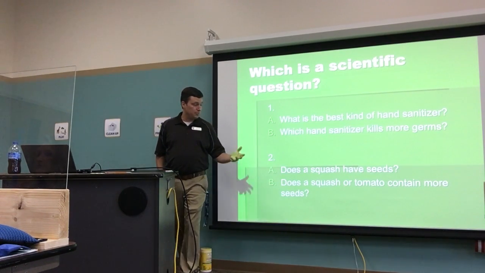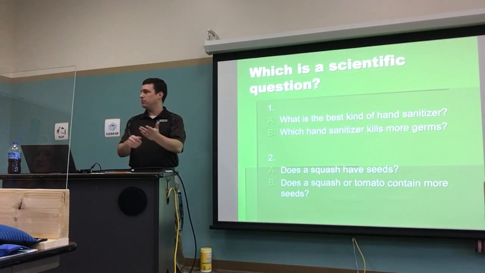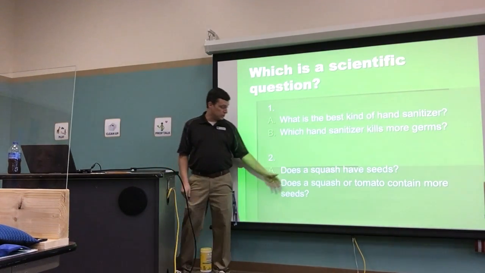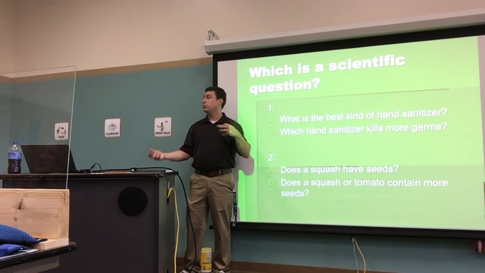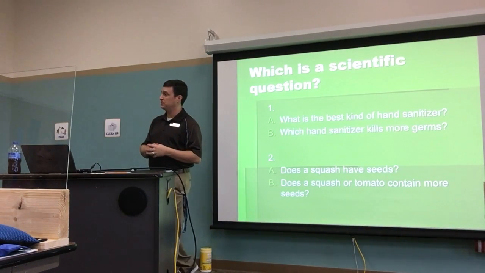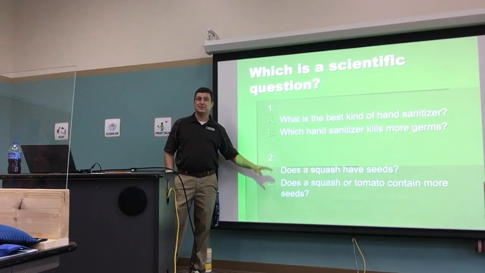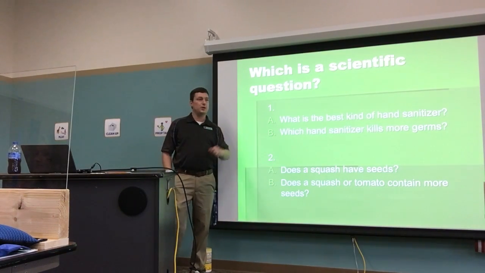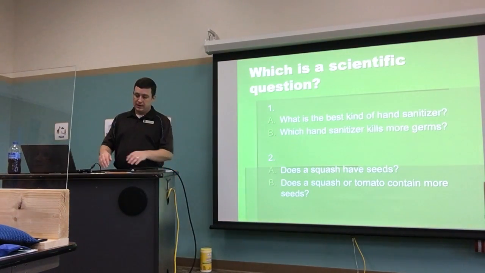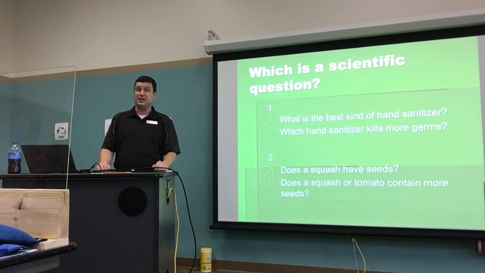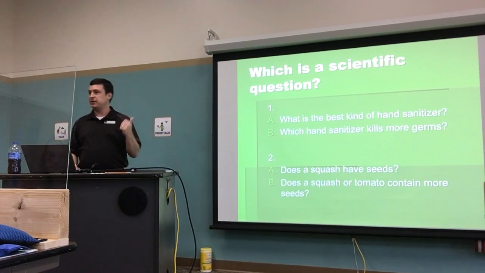You can maybe take 10 squash, cut them open, count the seeds in each, average it out, and do the same thing with the tomato, and figure out which one contains more seeds, right? So yes, 2B is definitely the more scientific question. See what we're doing here? Here's a good rule of thumb. If it's a simple yes or no answer, it's probably not a very scientific question. Okay? You guys want to try another one?